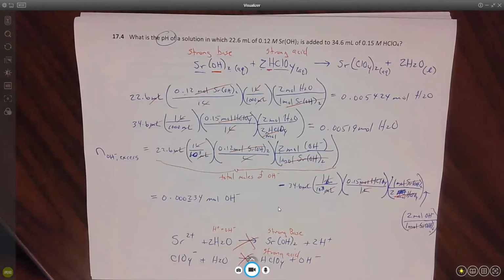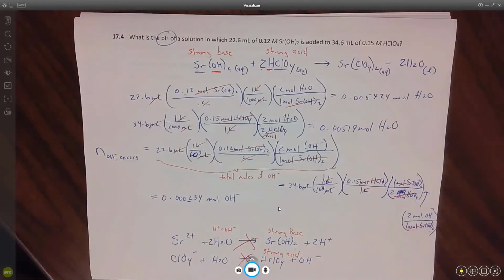Could we also do the limiting reagent determination by using the net ionic equation? Absolutely. In fact, in my opinion, it would be easier that way, but a lot of students struggle going from the molecular to complete ionic to the net ionic. And so for a lot of students, it would be easier just to use the molecular. But you're absolutely correct. It would have been a lot easier to go to the net ionic equation.